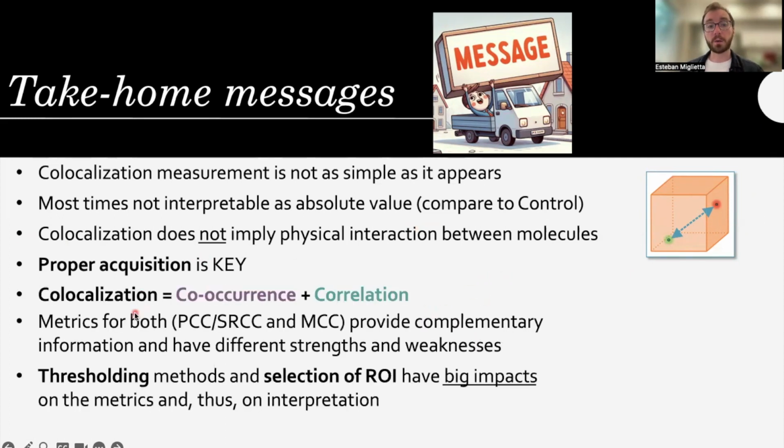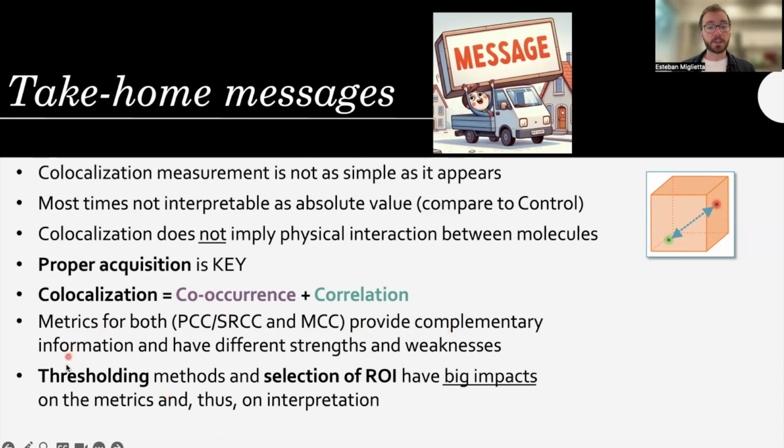Moreover, colocalization is a mixture of two different phenomena, that is co-occurrence and correlation, and measurements for both of these phenomena, such as Pearson's correlation coefficient, Spearman's rank correlation coefficient, Manders correlation coefficient, and any of the others that we mentioned, provide complementary information about colocalization and have different strengths and weaknesses that have to be taken into account when deciding which one to use.